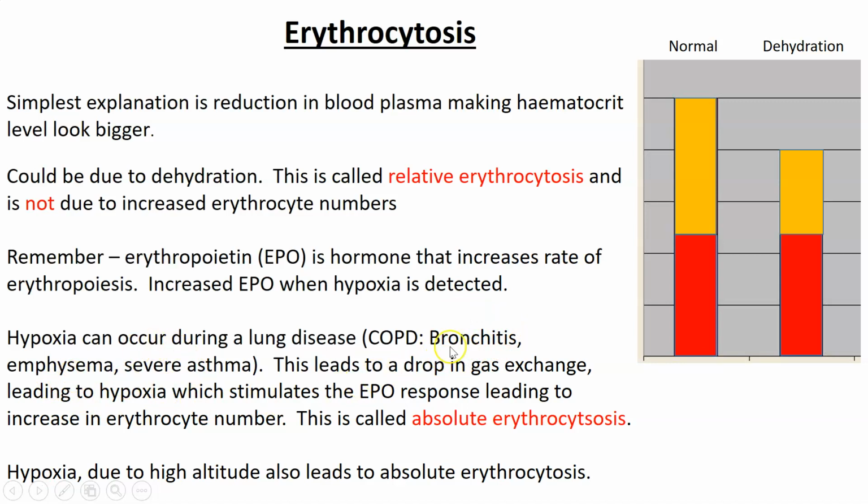Usually there's inflammation, there's remodeling of your lungs, which basically means that the rate at which gases are exchanged in your lungs, so the oxygen going from your alveoli into your blood, and the exchange of carbon dioxide from your blood to the alveoli, the rate at which these gases exchange is reduced.